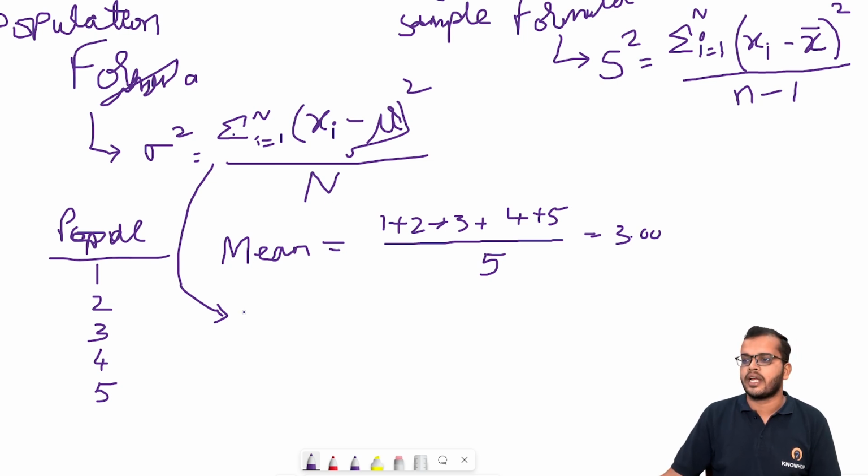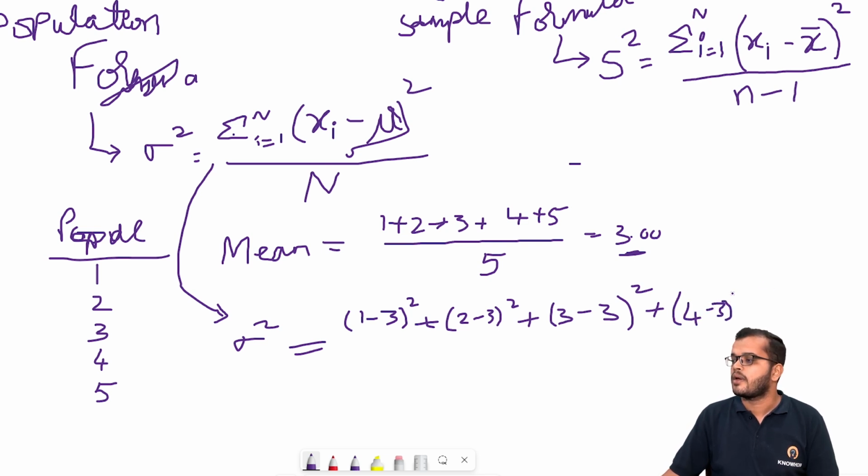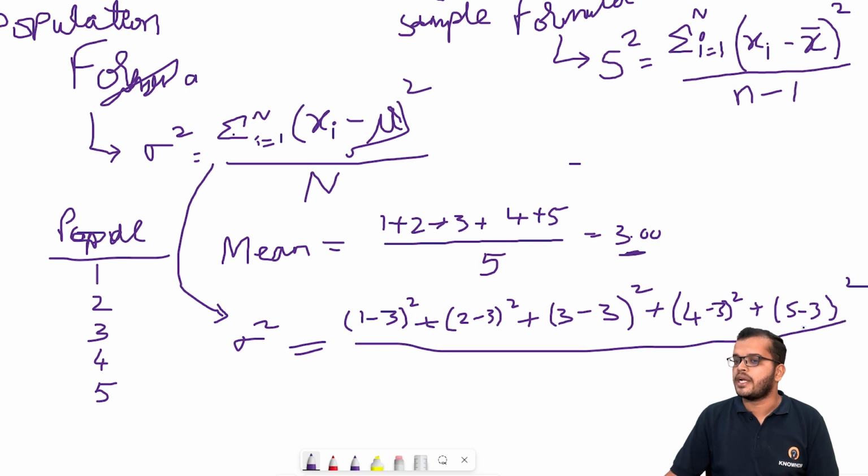So sigma square equals 1 minus 3 square plus 2 minus 3 square plus 3 minus 3 square plus 4 minus 3 square plus 5 minus 3 square, where 3 is the mean, divided by 5.